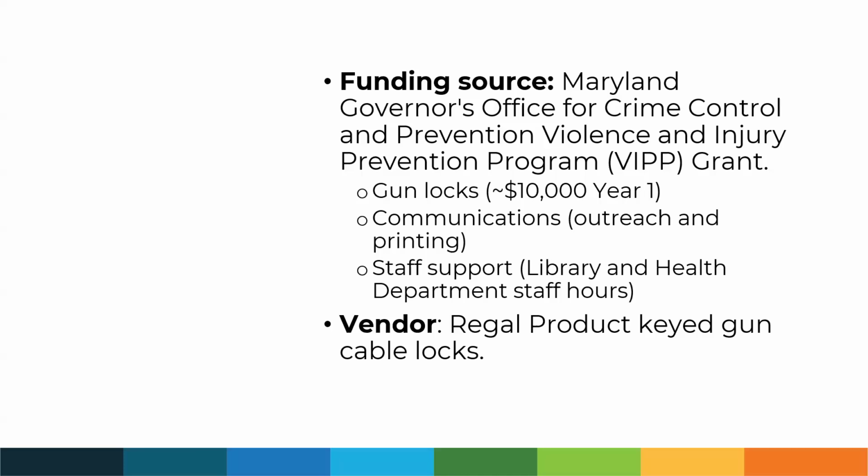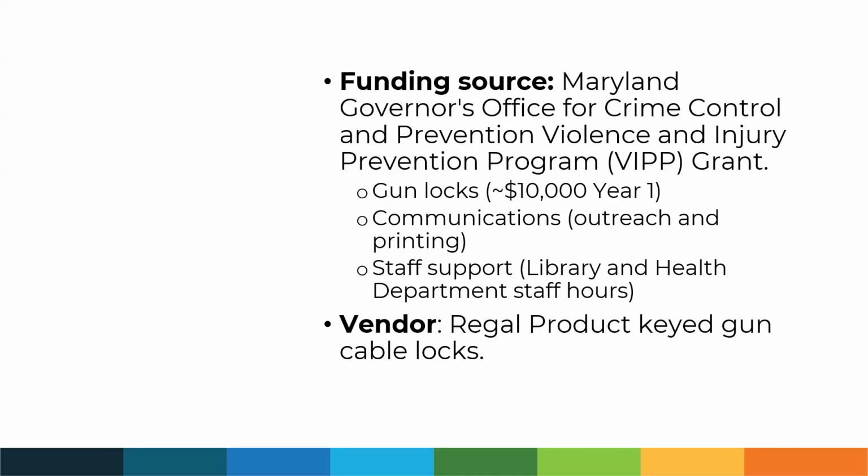Other costs to consider: communication, so printing things, printing off rack cards to help inform residents on the gun locks themselves, and having support from the staff members. There is staff time included in this, both on the library side and the health department side. And internal to the health department, prior to 1 month ago, there was truly only one person whose title was gun violence.